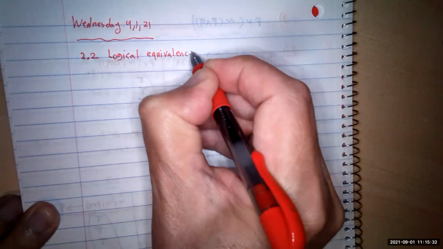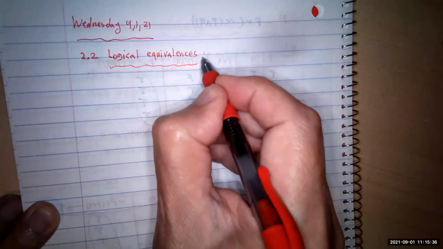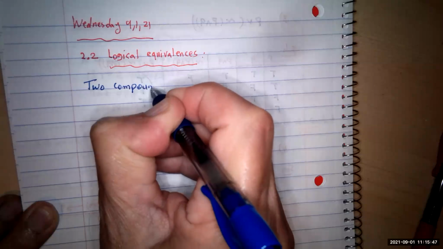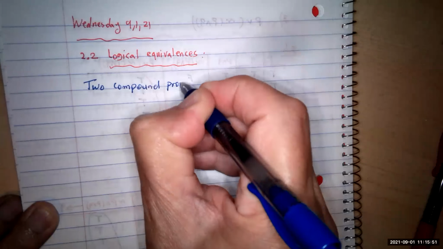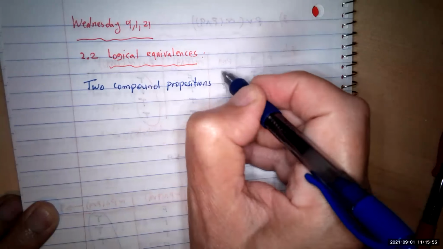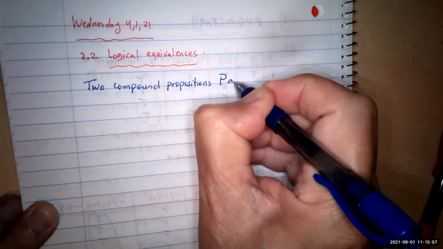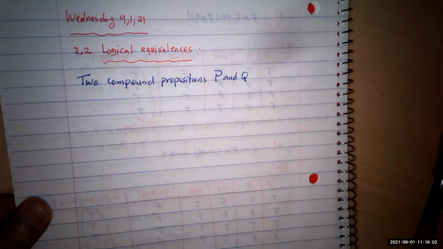Two compound propositions, let's say P and Q. Remember, for the compound ones we use uppercase letters.